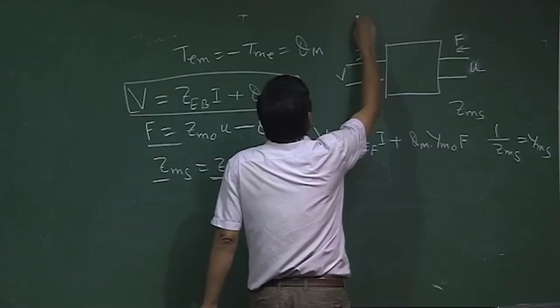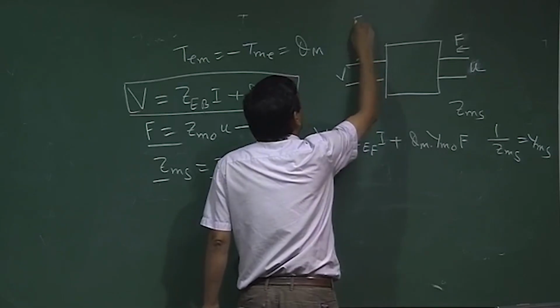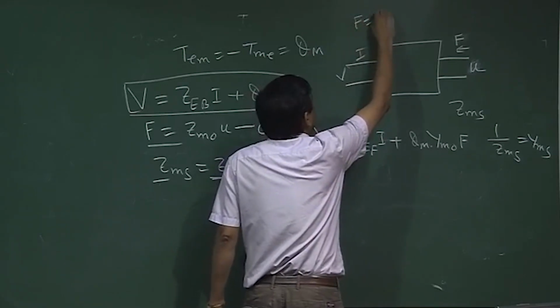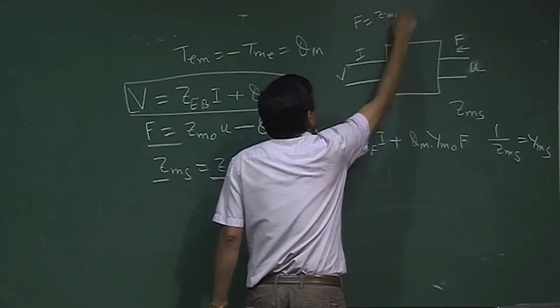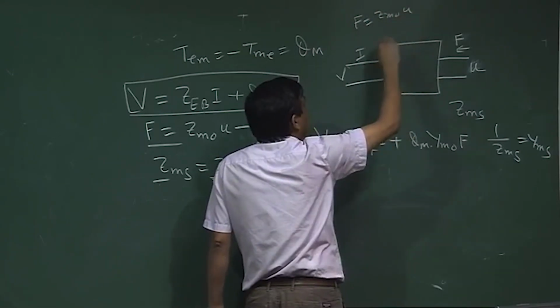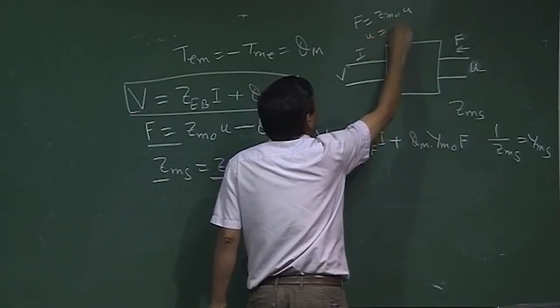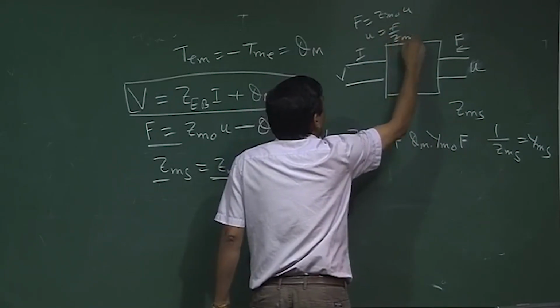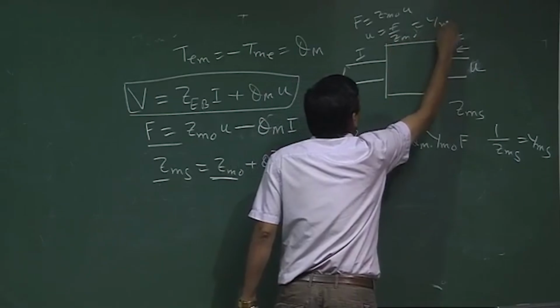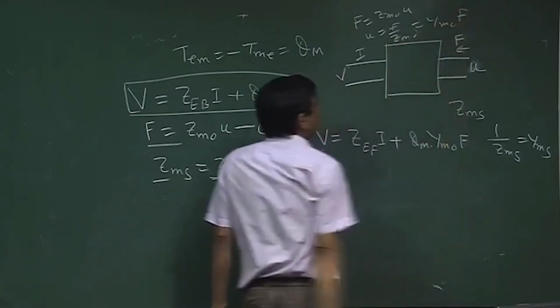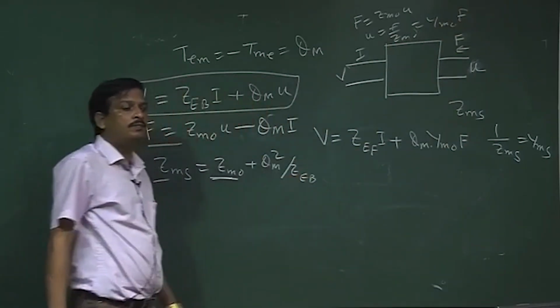Because F is changed. F is equal to ZMO into U, and I applied the mechanical duality, so U is nothing but F by ZMO. So, F by ZMO is nothing but YMO into F.